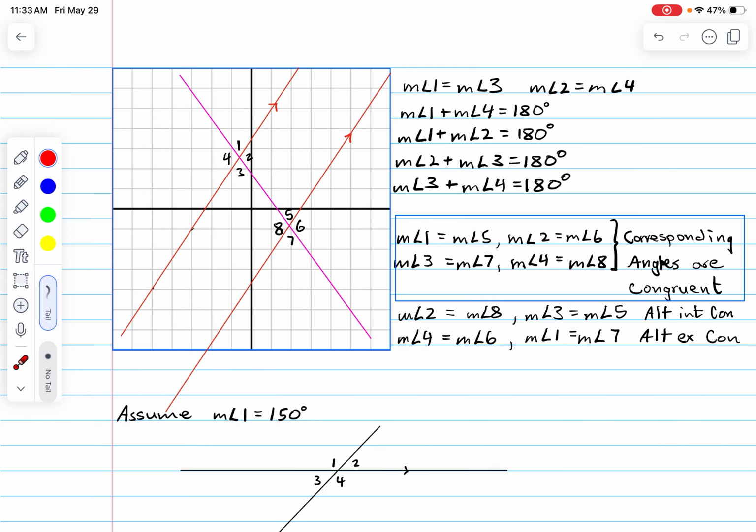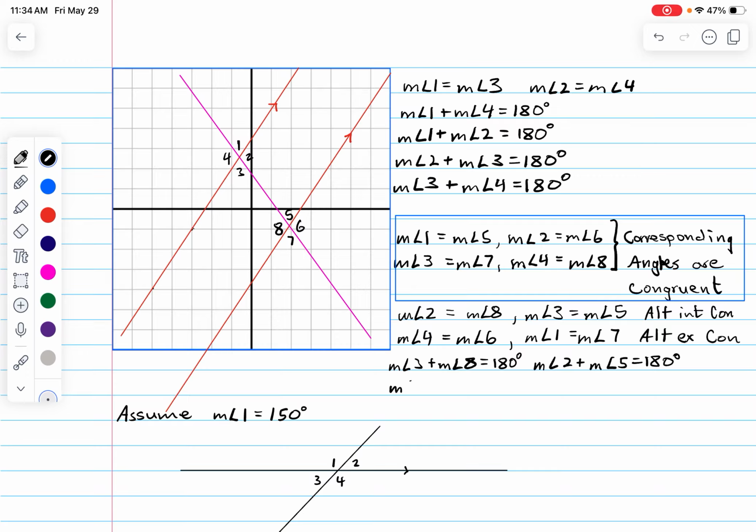Now, consecutive interior. So let's go back to interior now. Consecutive interior. So let's look at the measure of angle 3 and the measure of angle 8, those are supplementary. Okay? The measure of angle 2 and the measure of angle 5, supplementary.